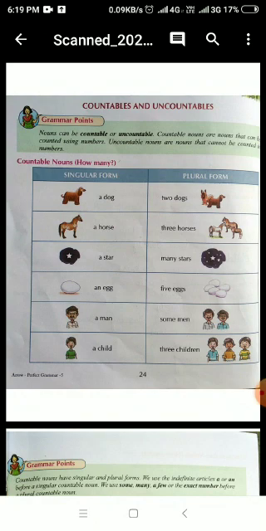But can you count sugar? Or can you count salt? No, right?